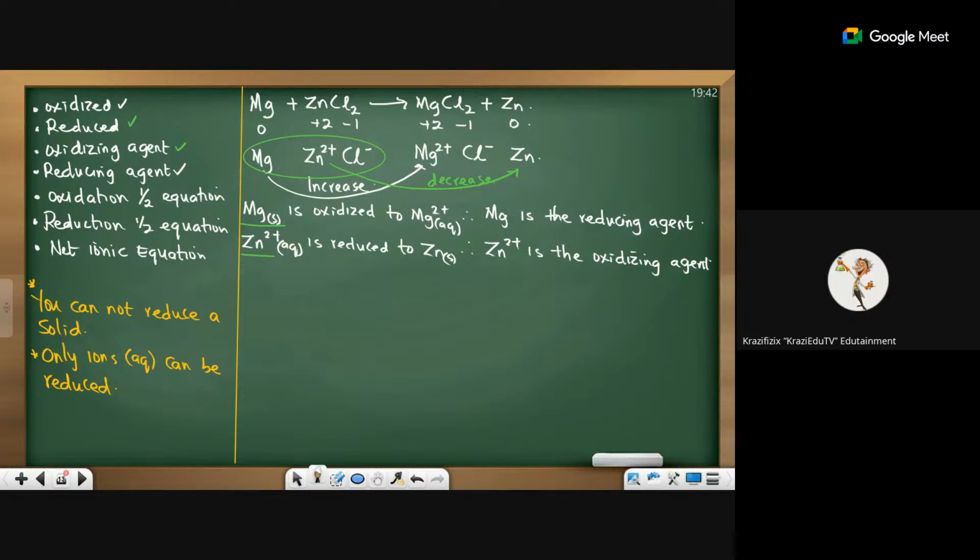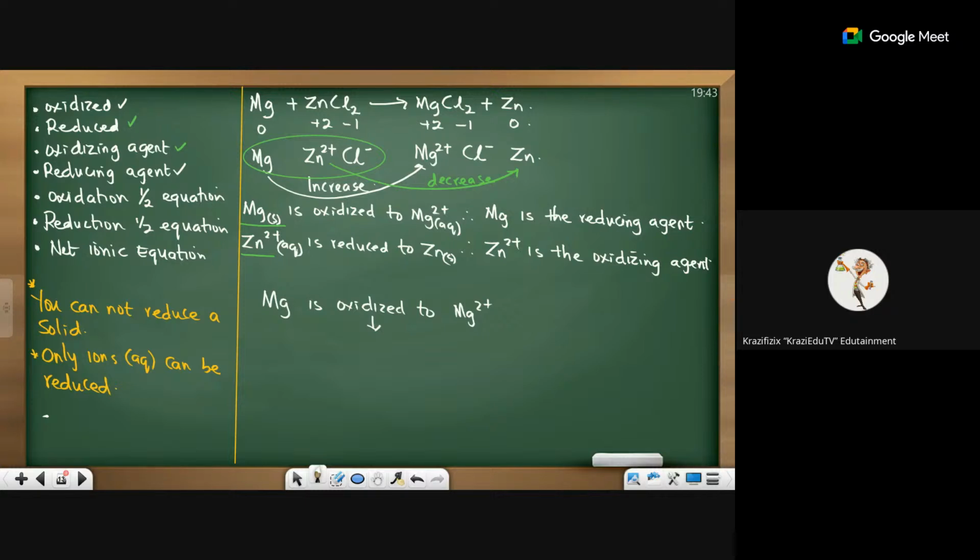Mg is oxidized. Okay, please watch this. Mg is oxidized to Mg2 plus. What is oxidation? Define oxidation. We said OIL.